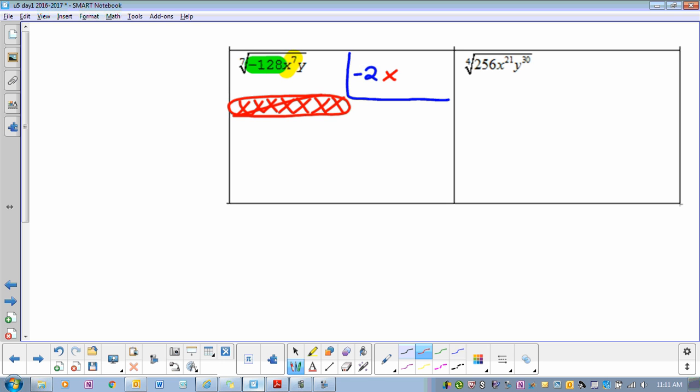Now let's look at the y's. How many y's do I have inside? Just 1. Wait a minute, but how many do I need in a group to come out? 7. Can I take this out? No, I don't have enough. So 7th root, and then just put the y back in. There you go. That's your answer.